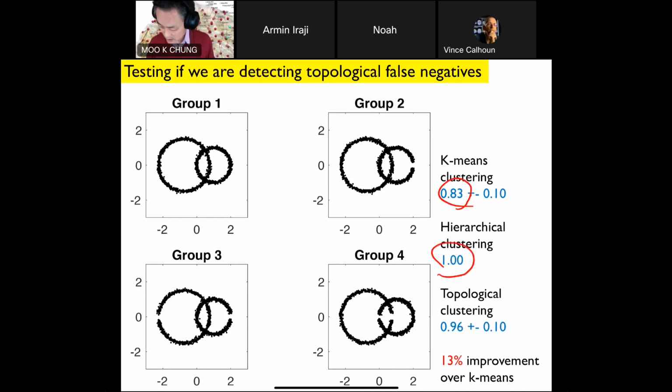Hierarchical clustering is still doing quite well, and topological clustering is doing reasonably okay. But compared to K-means clustering, it's still a 30% improvement. So overall, in these two cases, I would say you have to use topological clustering. Whenever your task is topological, you must use topological clustering. Okay?